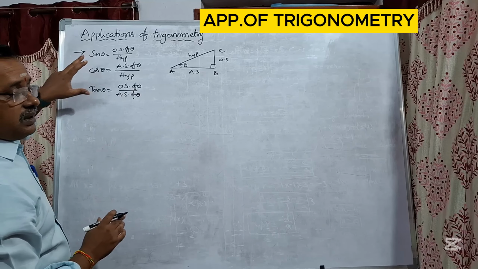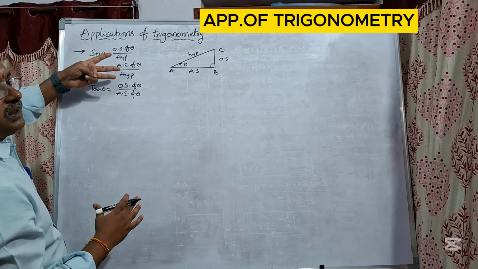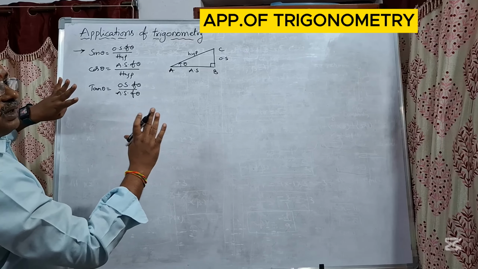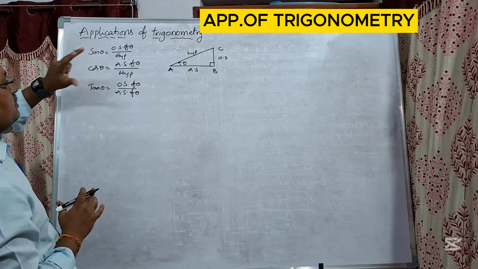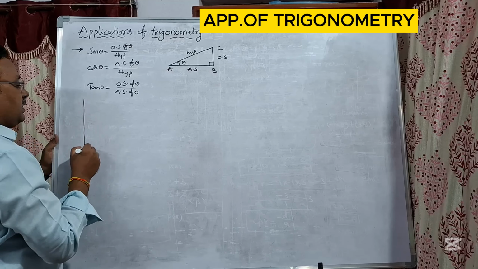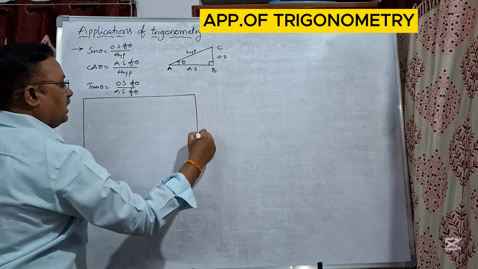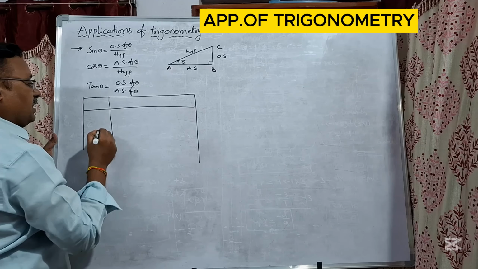These three trigonometric ratios we will mainly use. Three more are there, their reciprocals, but we will not use them particularly in this chapter. Along with that, we will apply trigonometric ratio table values for some specific angles.